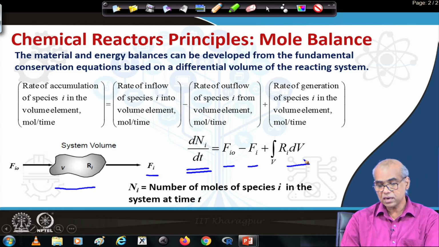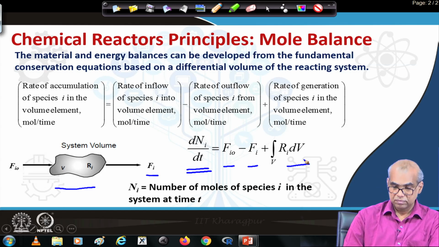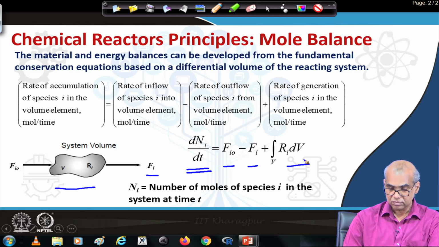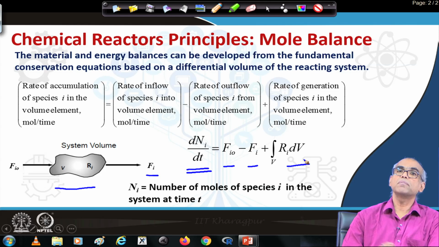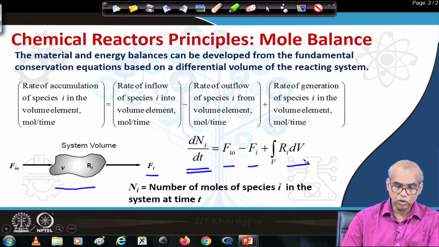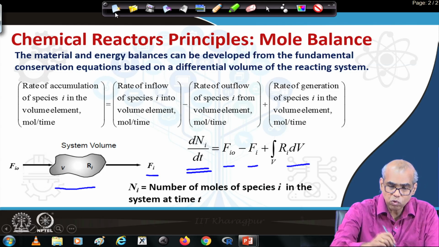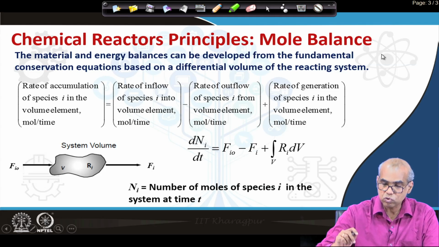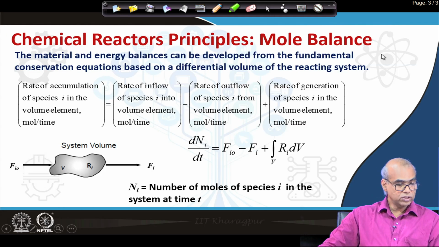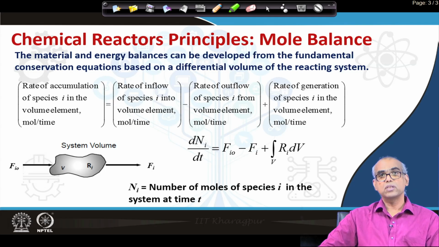Note that here Ni is the number of moles of species i in the system at time t. So, this is the nomenclature we will be following. So, Na0 will be the number of moles of species A at time t equal to 0, and so on and so forth.